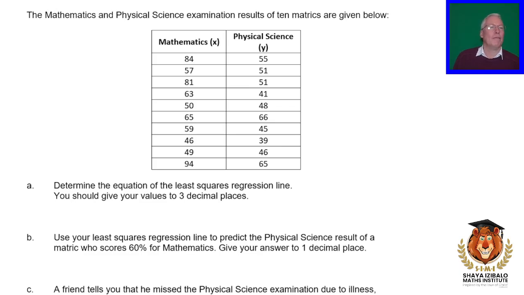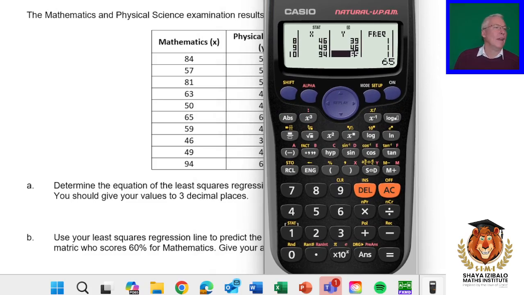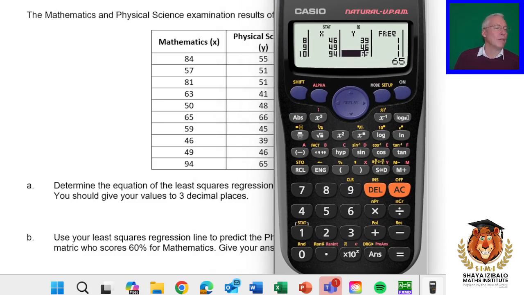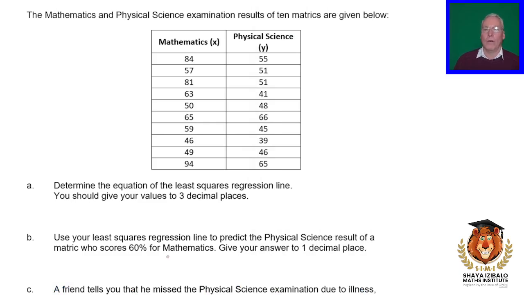Okay, so there we go. I've put all that data in, and now it asks us for the equation of the least squares regression line. So I'm going to go all clear. I'm going to go shift stat 5 for my regression line, and I'm going to get my A value, and I get 26,7. Again, it says to 3 decimal places, so 26,695. y equals 26,695.